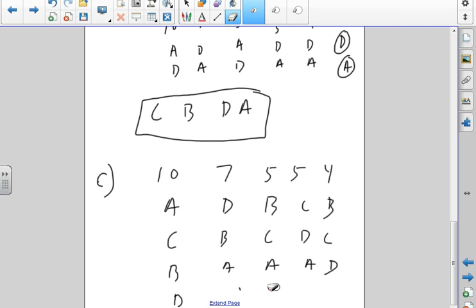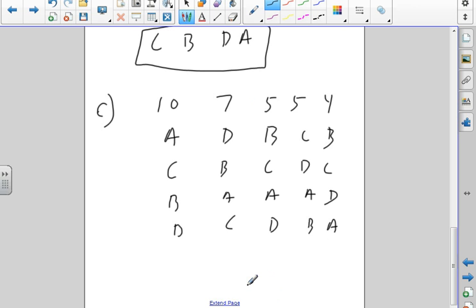Lost control of my marker totally. D, C, B, D, C, D, B, A. Maybe I just should have gone and got it.